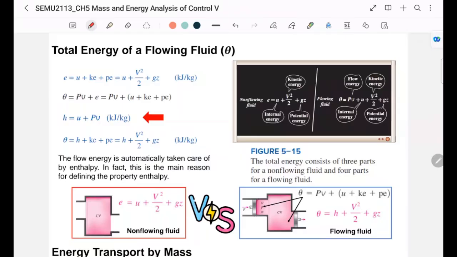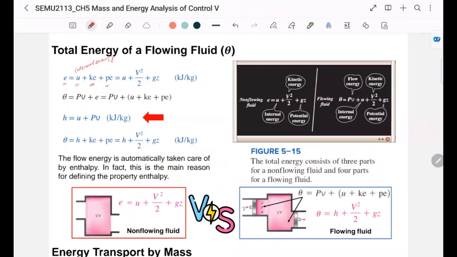The total energy in the flowing fluid, we call it E. Total energy is equal to the internal energy of the fluid itself, U, plus kinetic energy of the fluid plus potential energy of the fluid.